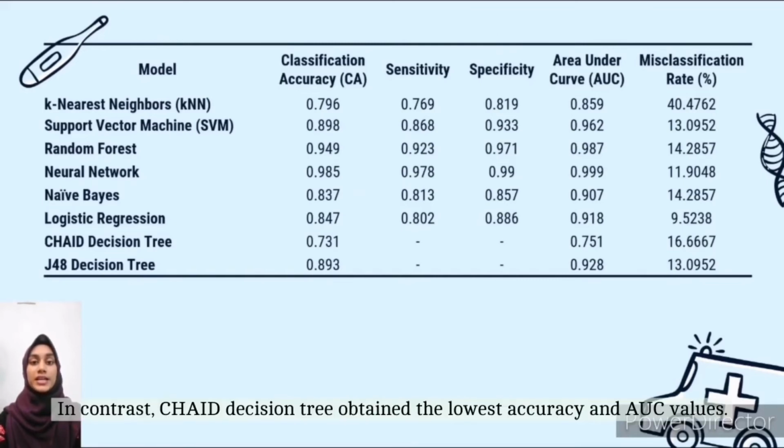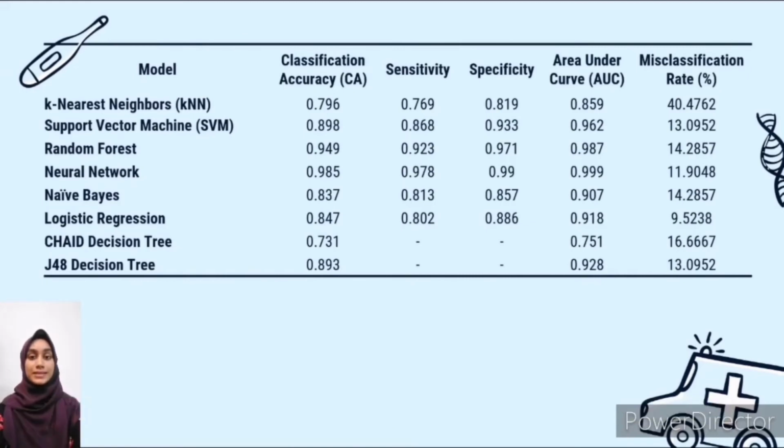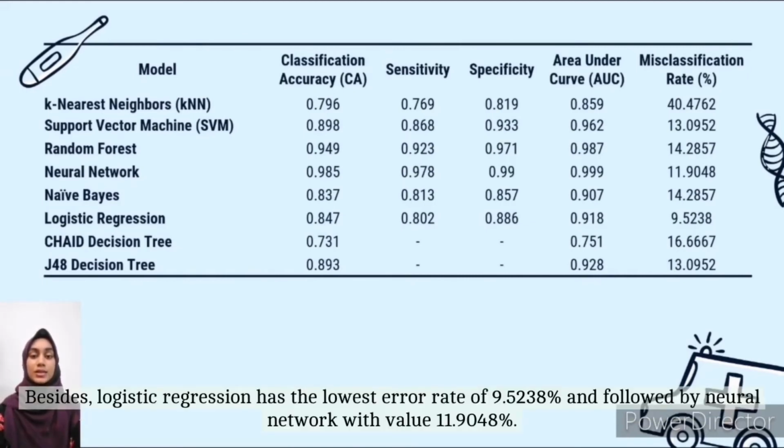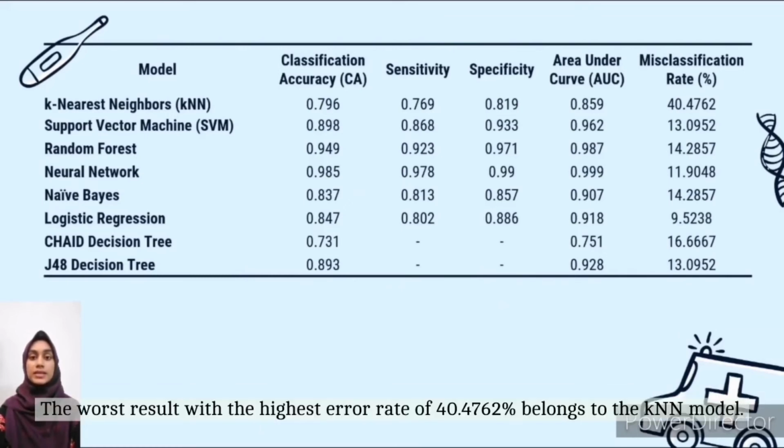In contrast, the decision tree obtained the lowest accuracy and AUC value. Besides, logistic regression has the lowest error rate of 9.5238%, followed by neural network with a value of 11.9048%. The worst result, with the highest error rate of 40.4762%, belongs to the KNN model.